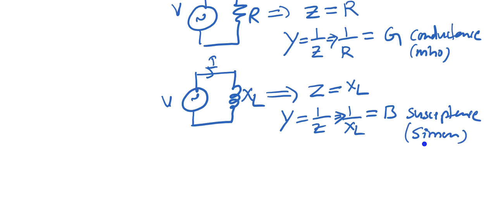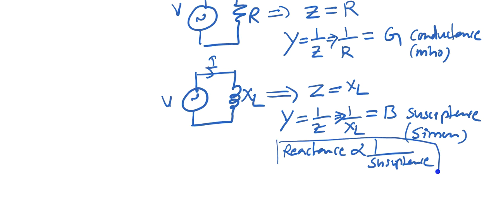It means the reactance is the reciprocal of susceptance. That is the point I want to make here. For resistance, the reciprocal is conductance. For reactance, the reciprocal is susceptance.